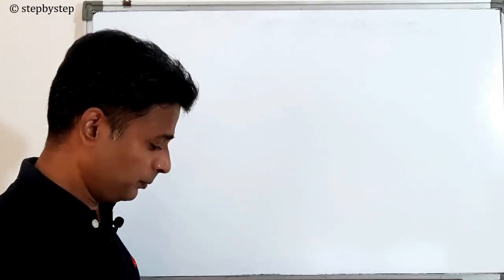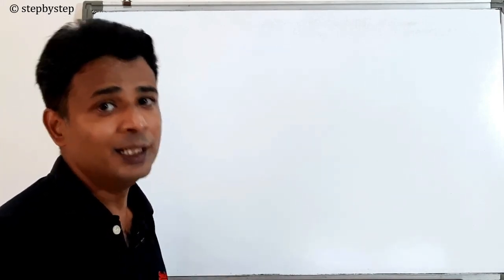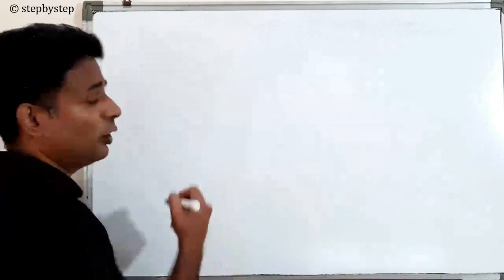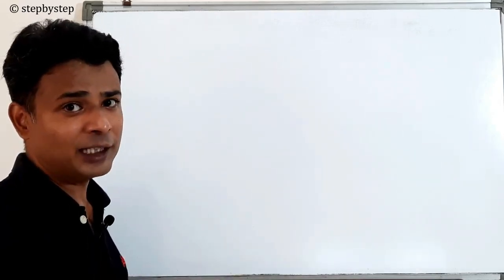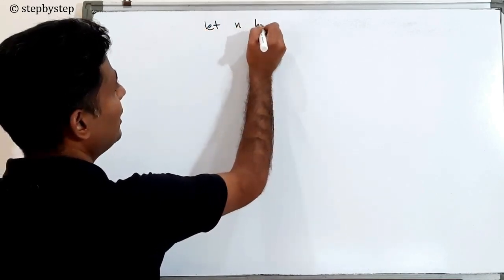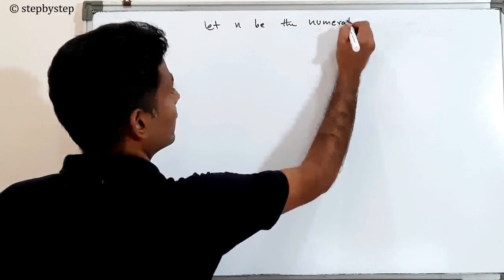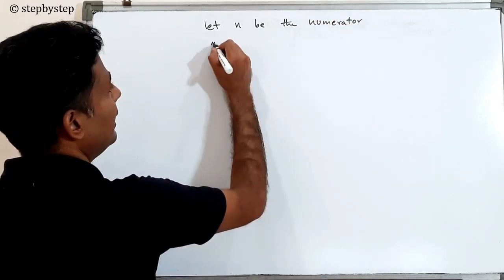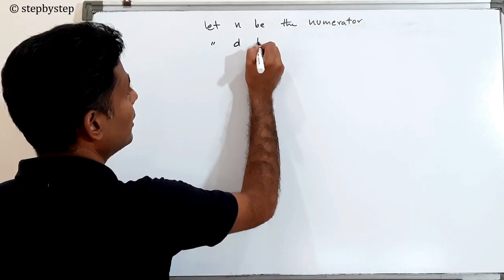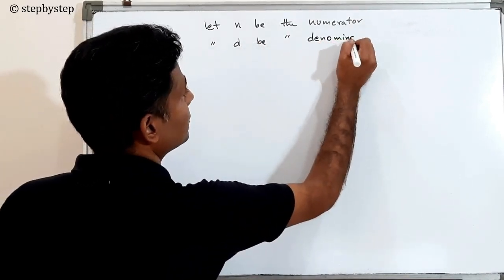Now the third problem: if 1 is added to each numerator and denominator of a fraction. It's a fraction problem, so we need to find the fraction, the numerator and denominator. So let n be the numerator and let d be the denominator.